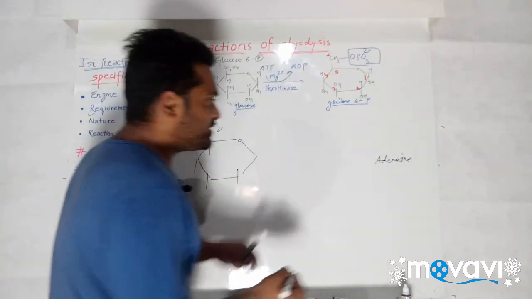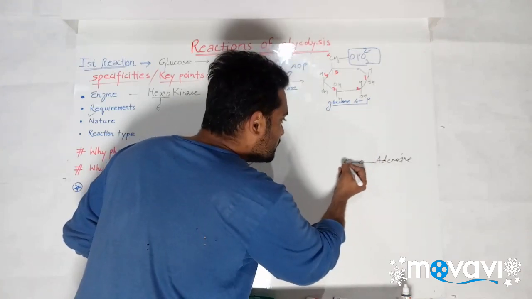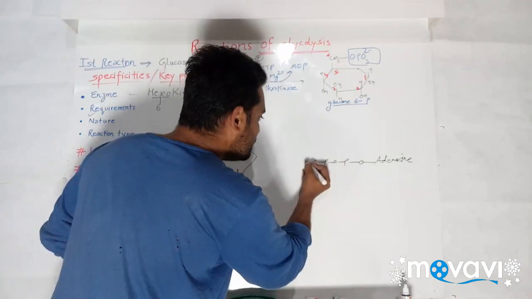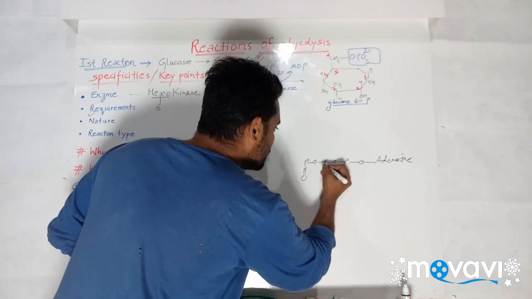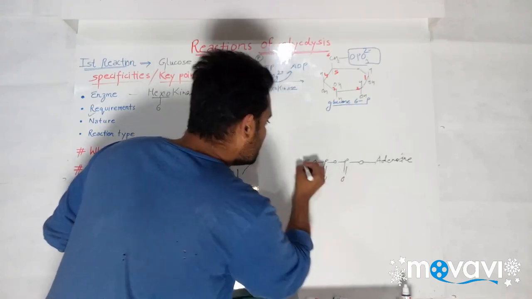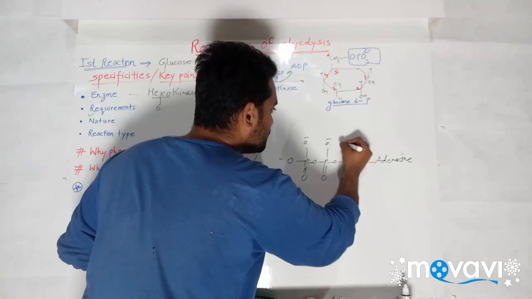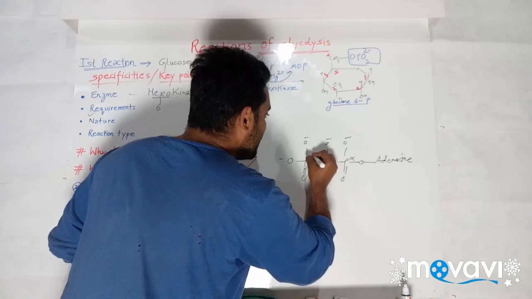I would not draw that structure. I would draw only the phosphate groups. 3 phosphates are there. Phosphoryl groups are 3. These are negative charges. This is the alpha, beta, and gamma.